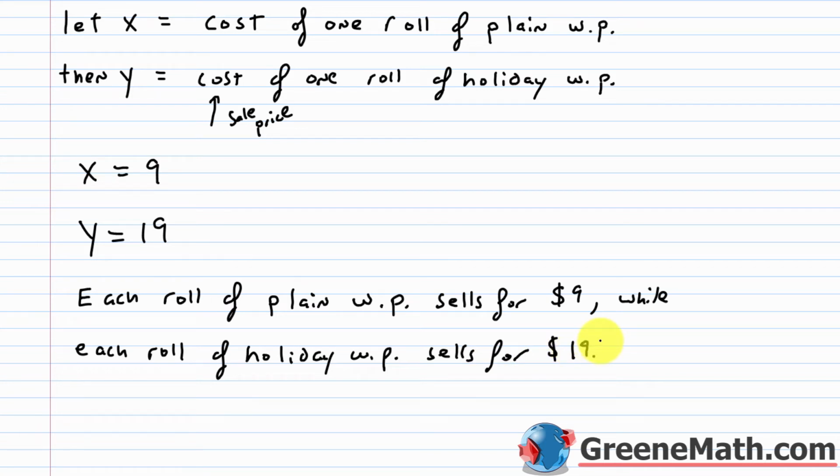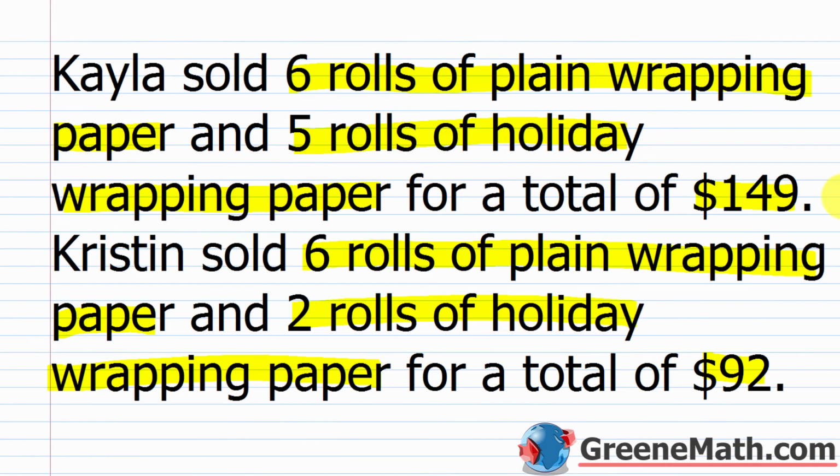And although we've checked the equations, go back into your actual problem and make sure that that makes sense. So again, Kayla sold 6 rolls of plain wrapping paper and 5 rolls of holiday wrapping paper for a total of $149. So you're checking this just like you checked your equation. It's basically the same thing.